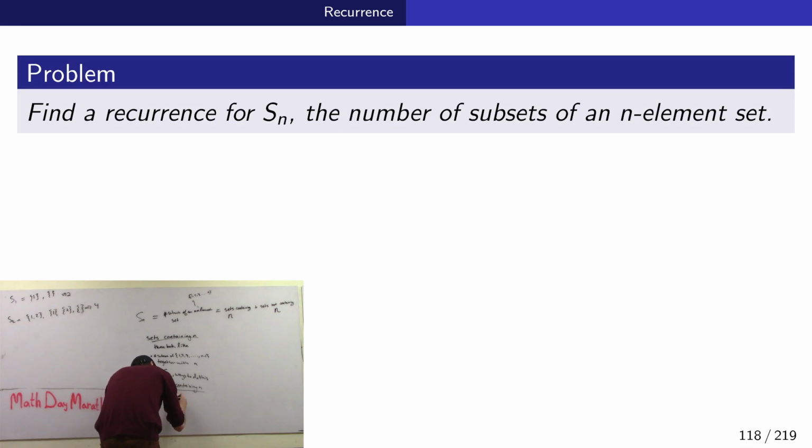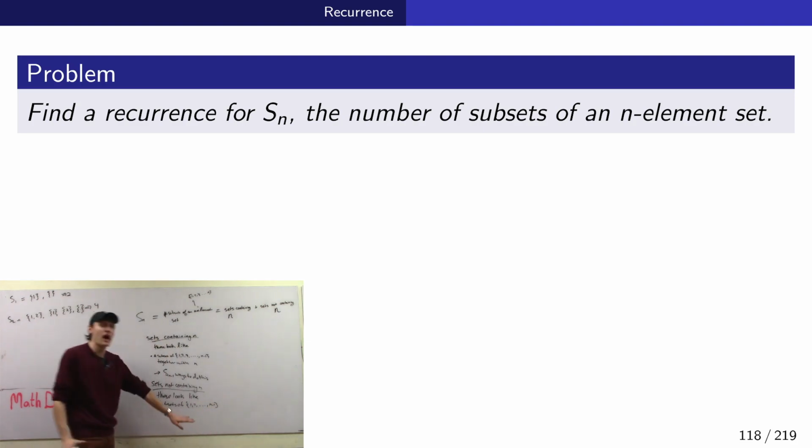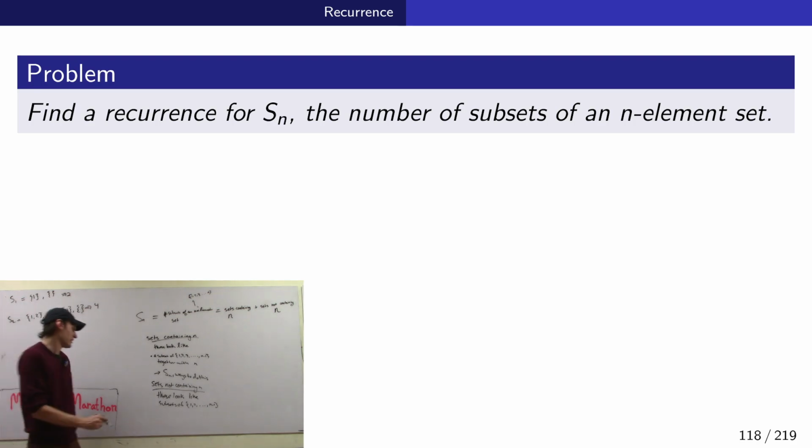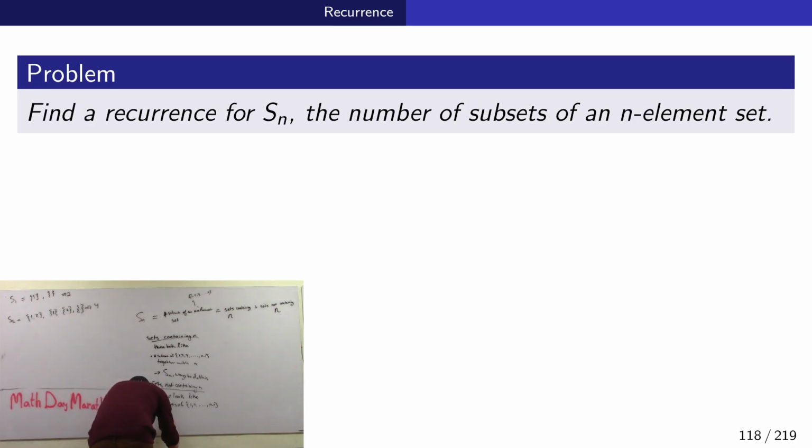These look like subsets of 1, 2, all the way up to n minus 1. How many ways are there to find a subset of that? That just looks like there are S sub n minus 1 ways to do this.